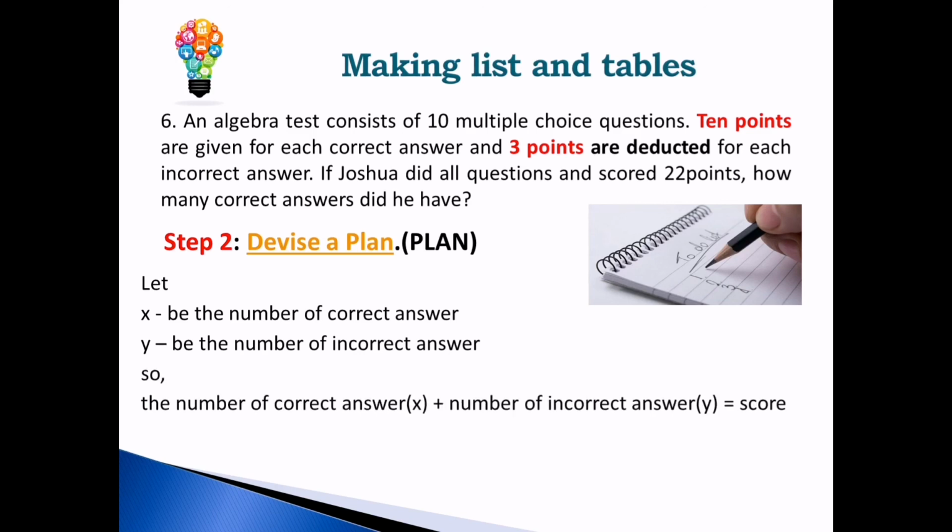So the number of correct answers x plus the number of incorrect answers y equals 10 items. Here, the score equals 10x plus negative 3y, or simply score equals 10x minus 3y. How? Because for every correct answer the corresponding score is 10, and for every incorrect answer the corresponding score is 3 points deducted.